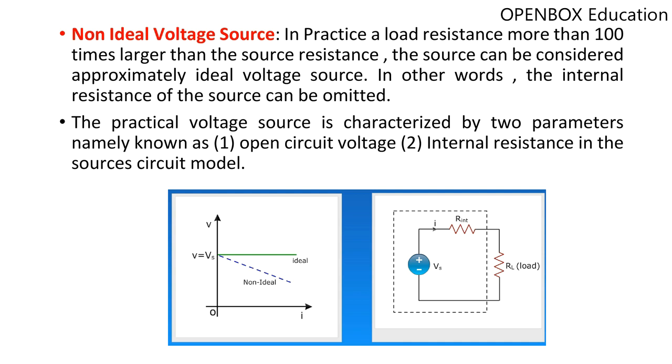The practical voltage source is characterized by two parameters, namely open circuit voltage and internal resistance in the source's circuit model. In a non-ideal voltage source, the terminal voltage decreases linearly by increasing the current. The source is connected in series with internal resistance, and this combination is connected to the load as shown in the figure.